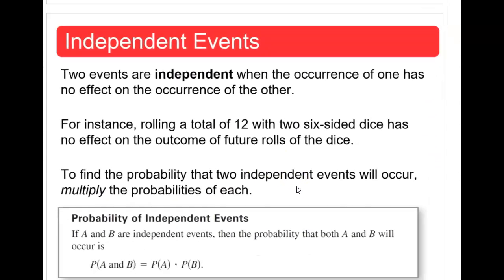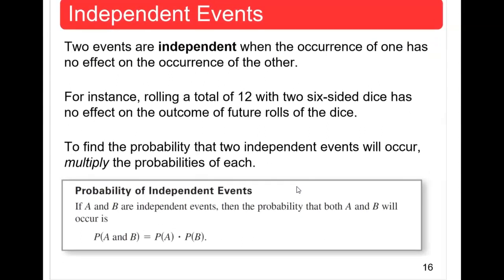So now let's move on to independent events. Two events are independent events when the occurrence of one has no effect on the occurrence of the other. For instance, rolling a total of 12 with 2 six-sided dice has no effect on the outcome of future rolls of the dice.